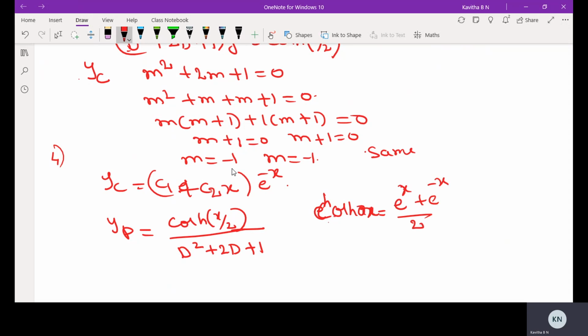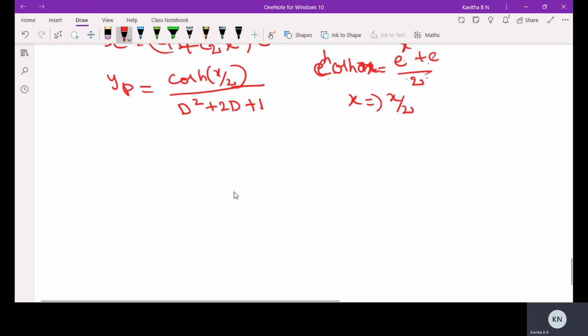Here in place of x, what is there? X by 2. Then yp is equal to e to the power of x by 2 plus e to the power of minus x by 2, the whole by 2.